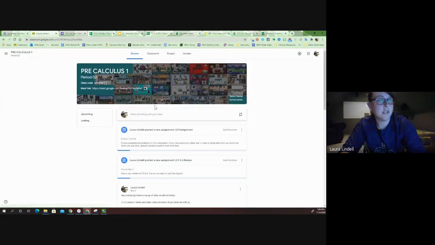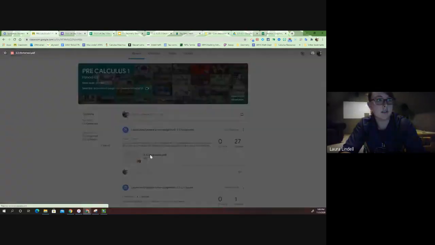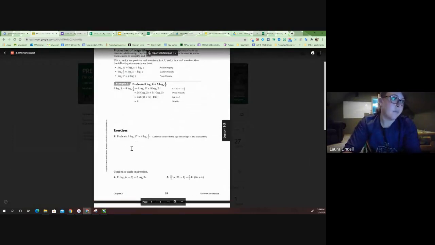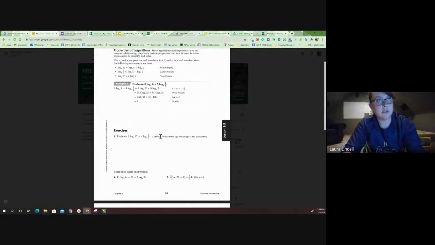Okay, so today's assignment is a worksheet. The first part of the worksheet, we have one of those evaluate type problems. You can either condense or rewrite the logs first, or you can type it into a calculator. Doesn't really matter to me which one you pick.